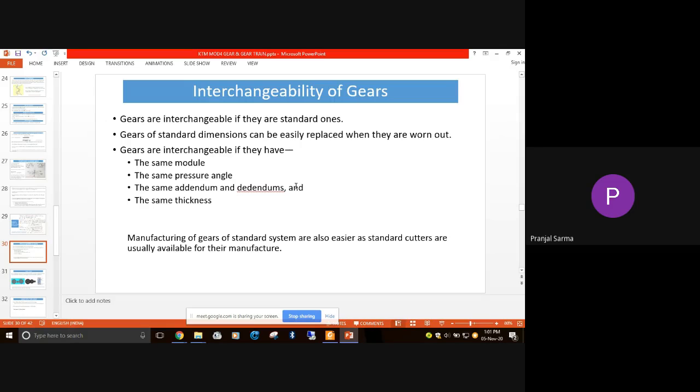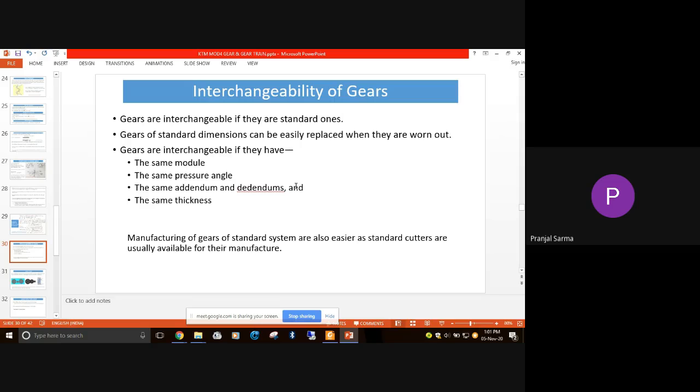Suppose you find that a gear has failed and you need to replace it. Now you have to give some specifications to the vendors so that you can get a gear which will be interchangeable. Otherwise, you may get a gear which cannot be utilized in that situation, and it is not going to match.